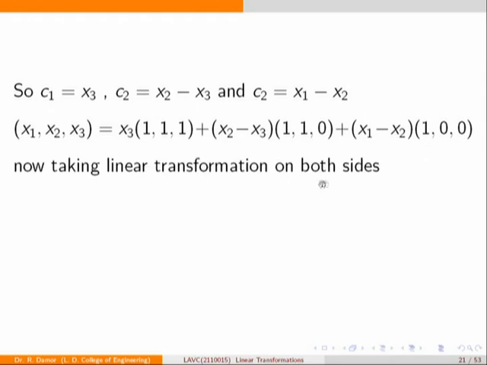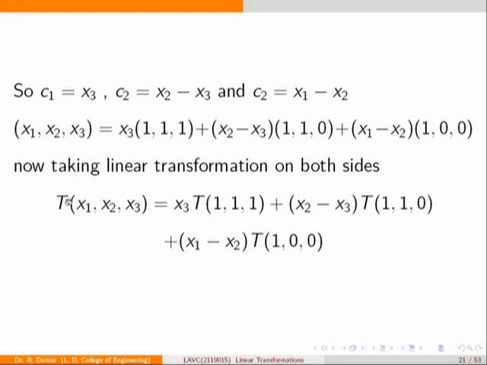Now taking the linear transformation on both sides, T of (x1, x2, x3) equals x3 times T of (1, 1, 1) plus (x2 minus x3) times T of (1, 1, 0) plus (x1 minus x2) times T of (1, 0, 0). So this is your transformation.